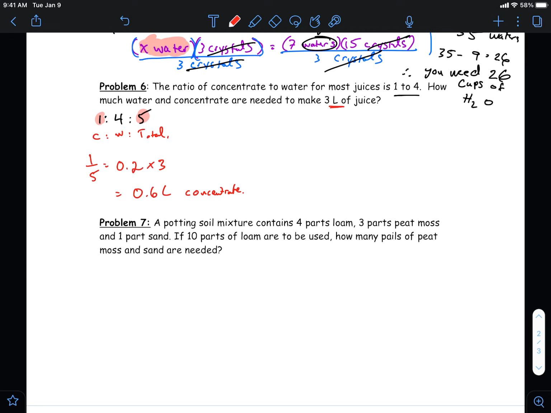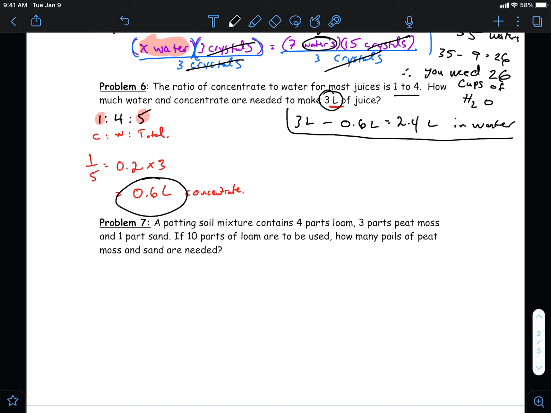Using just sheer intuition, there's 3 liters in total, and I know there are only 2 things being mixed together, and 0.6 of it has to be concentrate, so I can quite easily figure out what water is. It would be the 3 liters take away the 0.6 liters. Those look like C's, sorry. Okay, that would equal 2.4 liters of water.